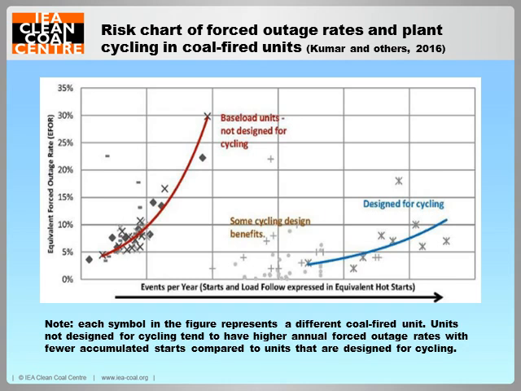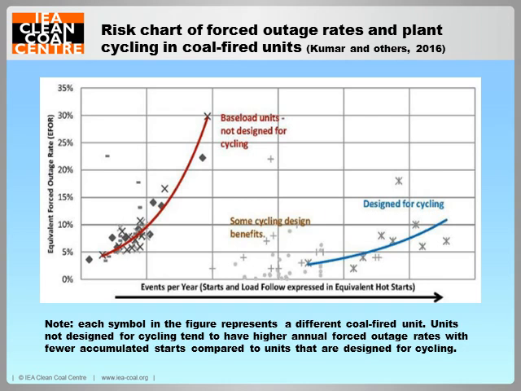As you can see in this chart, a forced outage is, as I said, an unplanned component failure or other condition that requires the unit to be removed from service immediately or within a very specific time frame in order for the necessary work to be carried out so that the plant can start operating safely again.